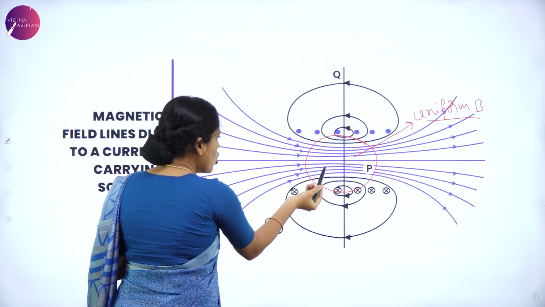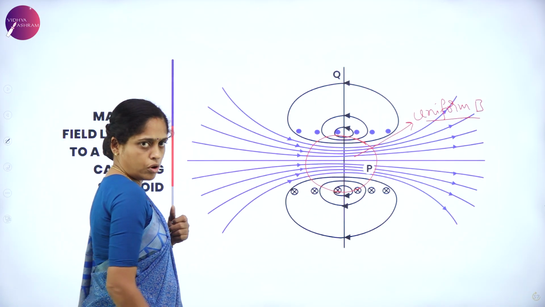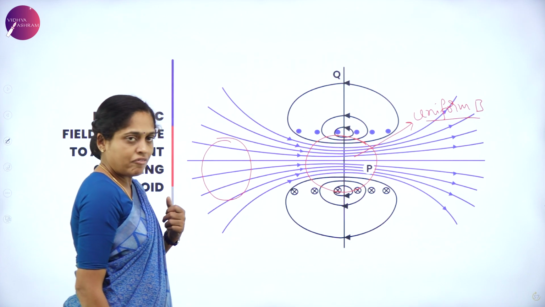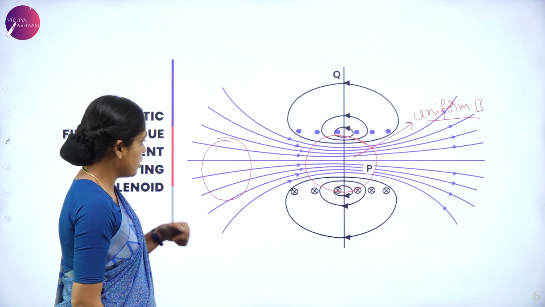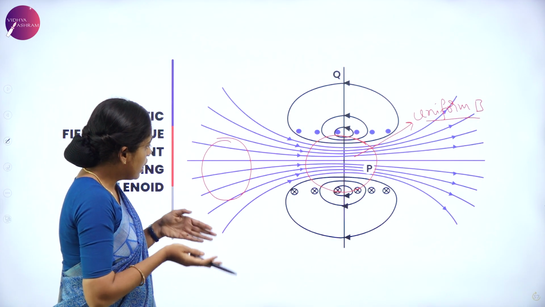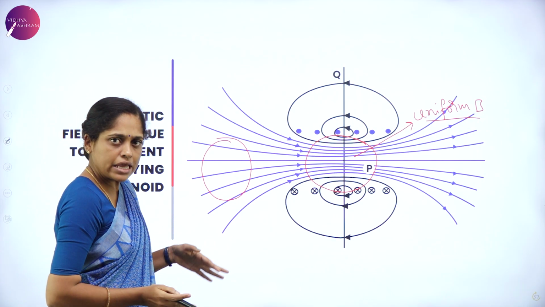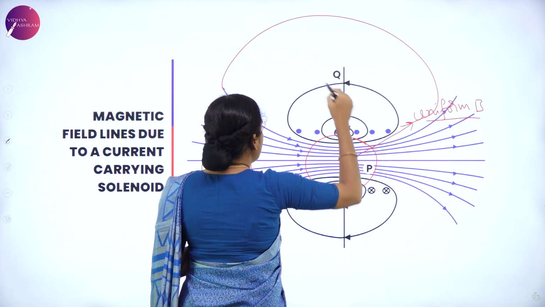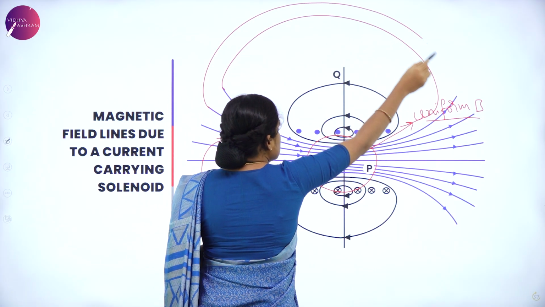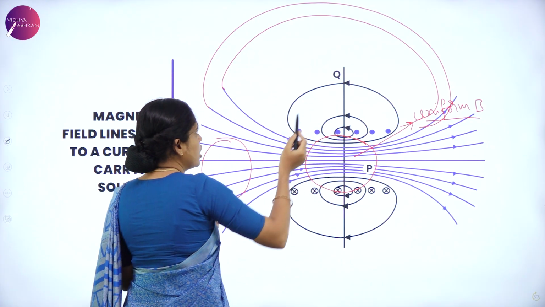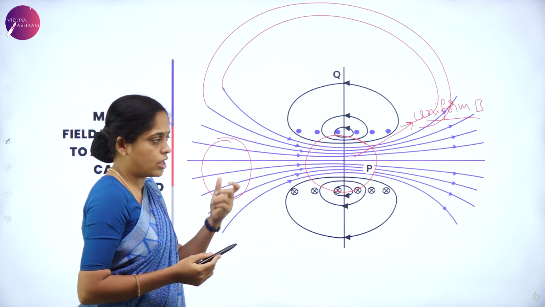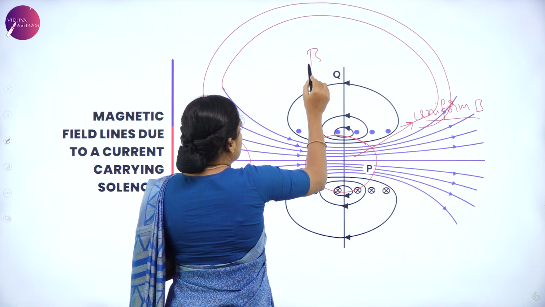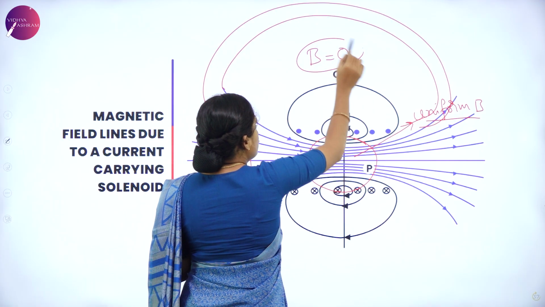As we go away from the solenoid, the number of magnetic field lines goes on decreasing, meaning the magnetic field lines move away from each other. Outside the solenoid, as the field lines move away from each other and there are fewer lines in a given area, the magnetic field outside is almost zero.